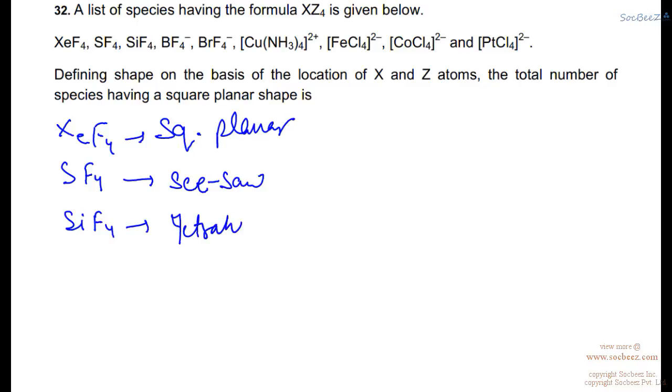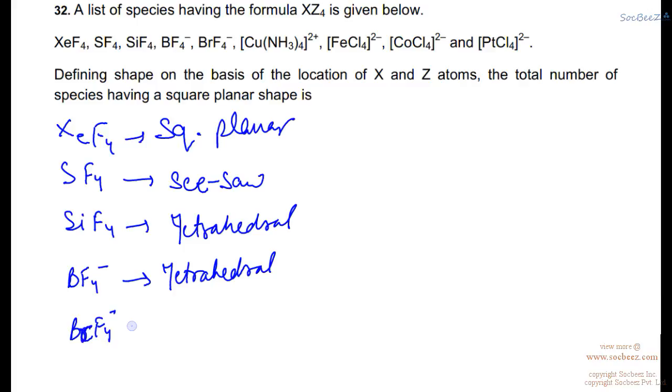SiF4 has tetrahedral shape. BF4 negative has tetrahedral shape. BrF4 negative has square planar shape.